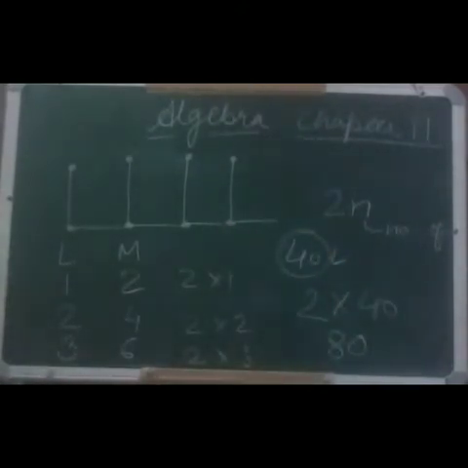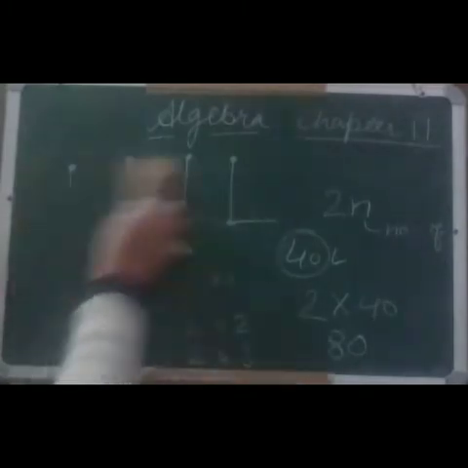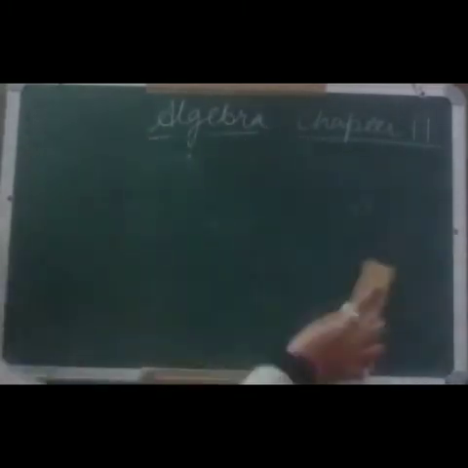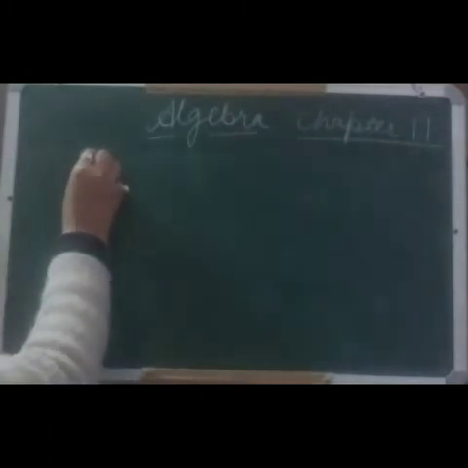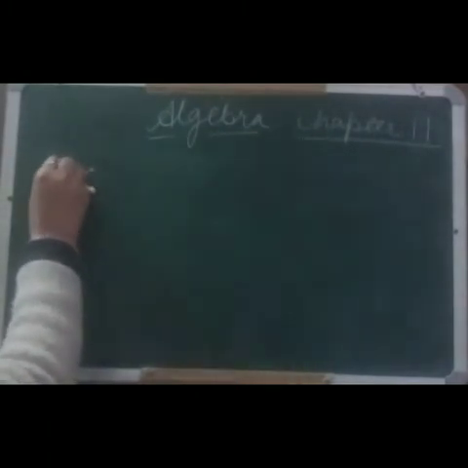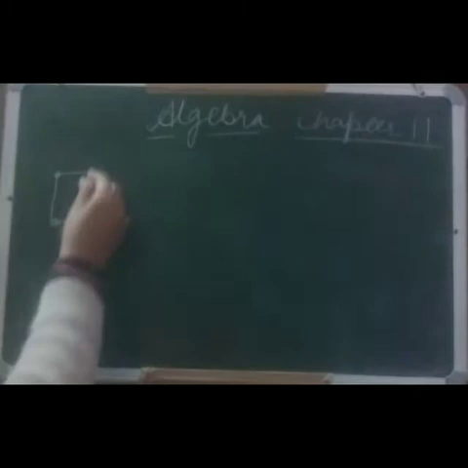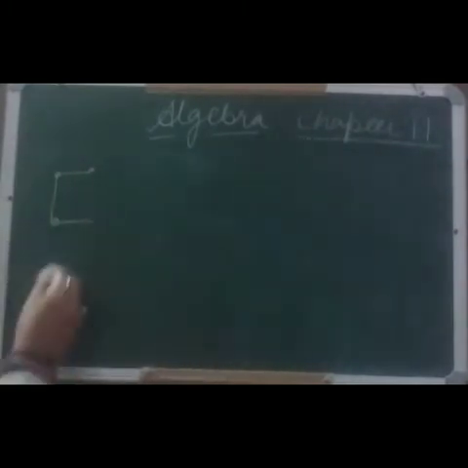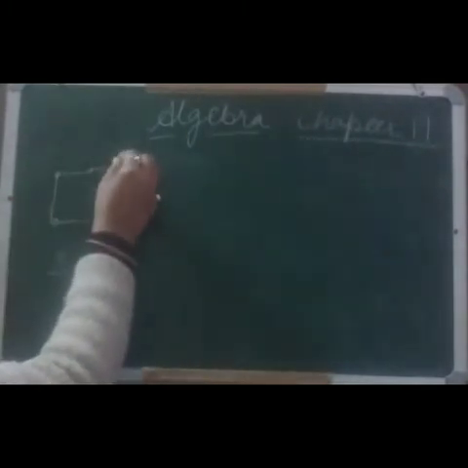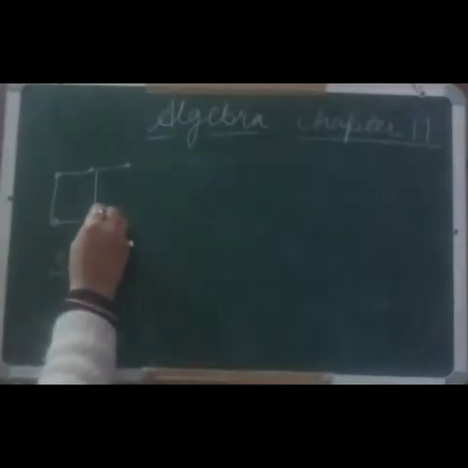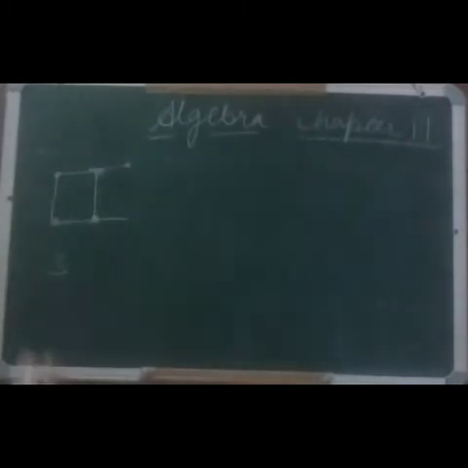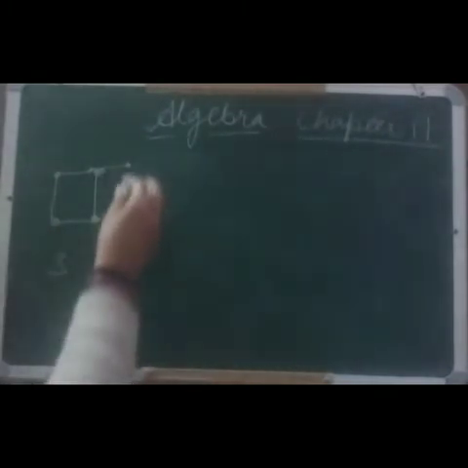Now suppose we have the letter C. With how many matchsticks will we make a letter C? Like this we can make letter C. It is 3. Now if we have to make another C, again 3 means 6. 2C means 6.